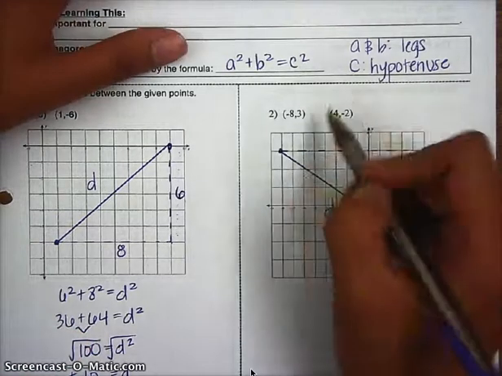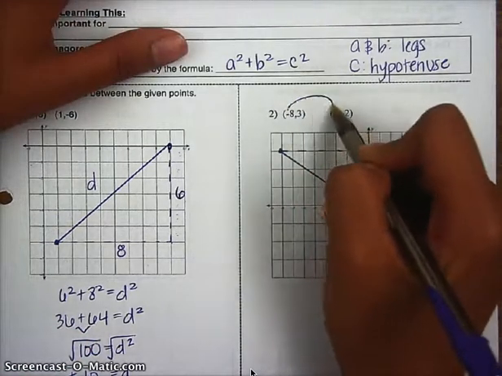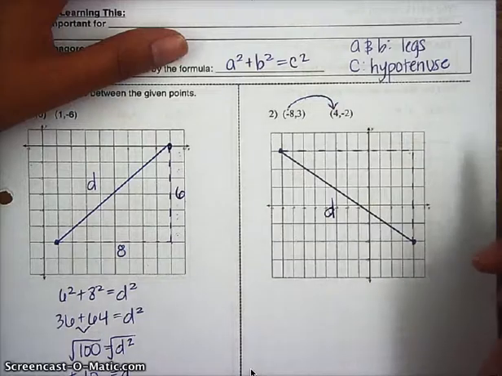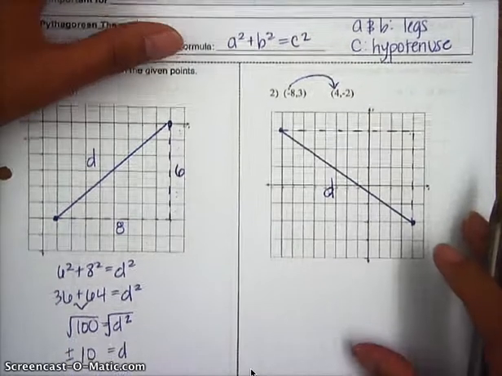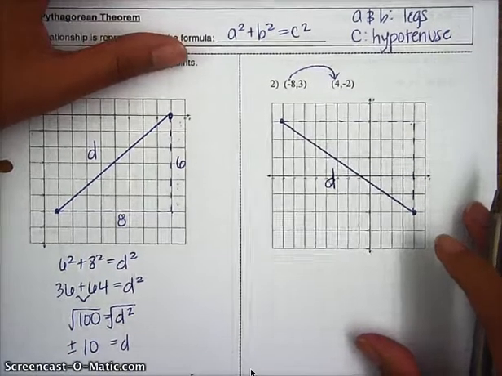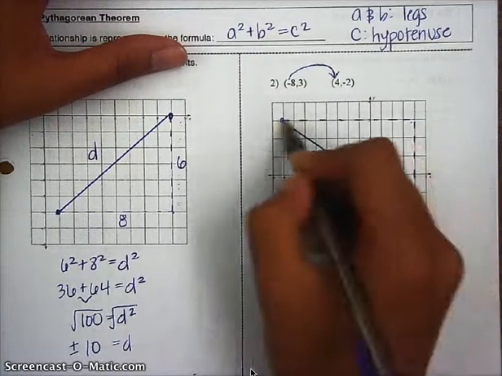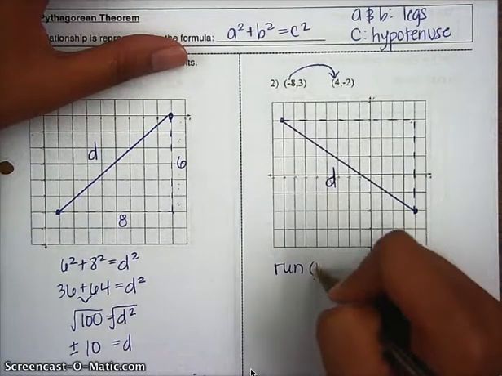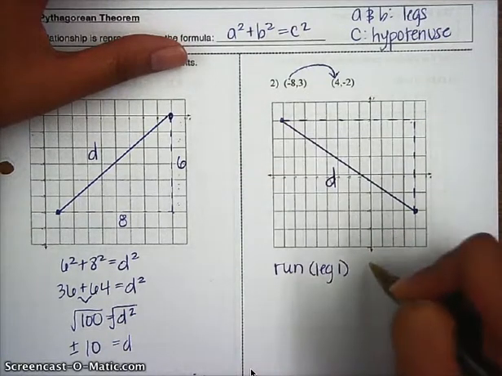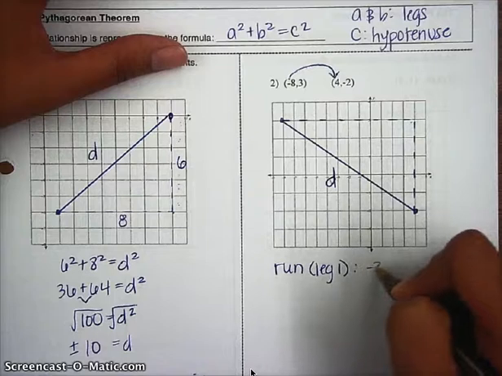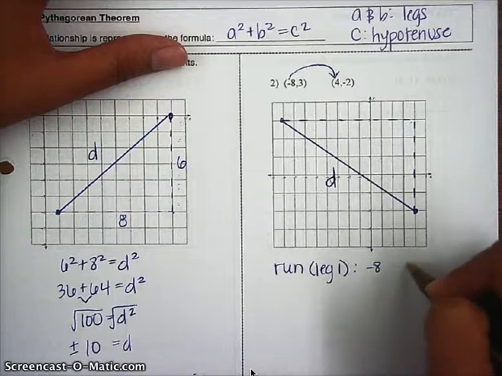So looking here, I'm noticing that a -8 became a +4. So what do I do here? I like to view it as this. So I'm going to go ahead and call it run. And I want you to also notice that this is one of the legs. So I'm going to call it leg 1. I went from a -8 to a +4.